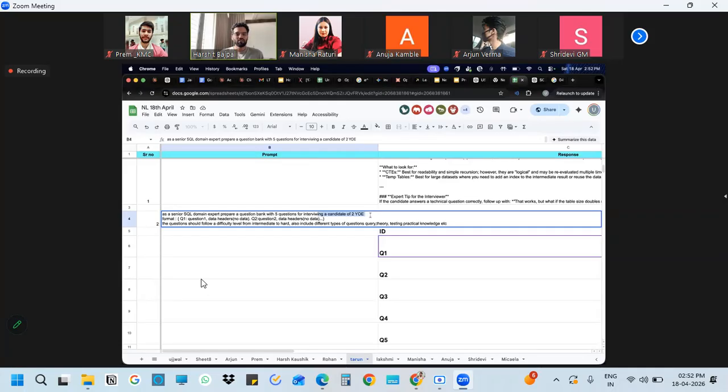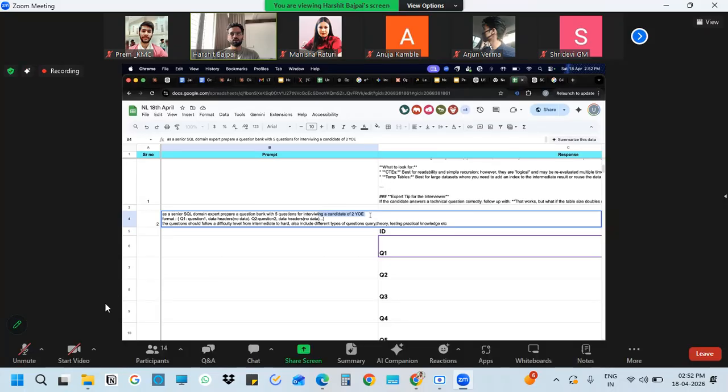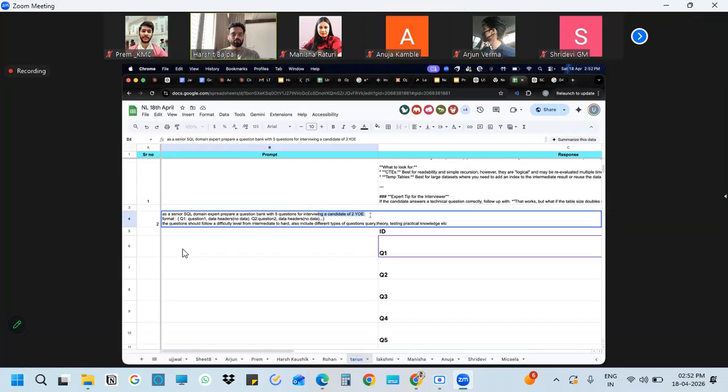Ideally, your prompt should not be like this. The reason is all the complete question bank that you will get will be for 2 years of experience. In my opinion, that is not a question bank. It is a question bank for a small segment of users. The question bank generally is for everyone.